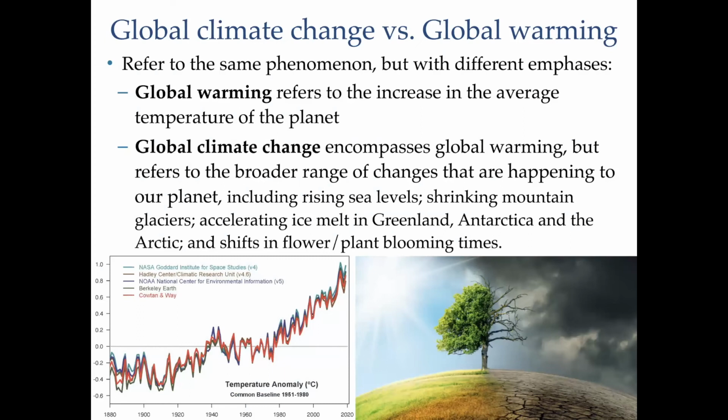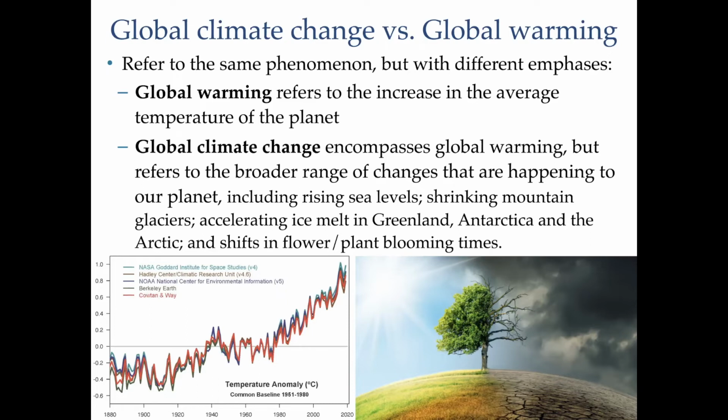Another important distinction that we have to make is about what is global climate change and global warming, because sometimes people think that those two terms are interchangeable, but they are actually different things. They refer to the same phenomenon, but with different emphasis.